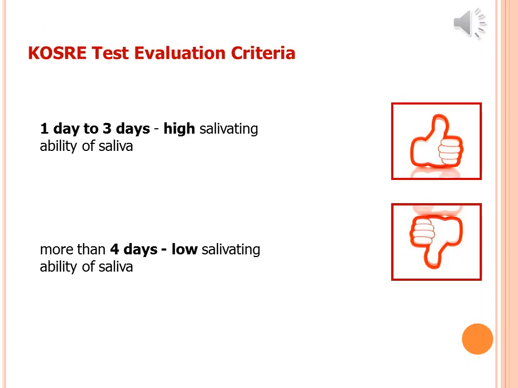If the painted area disappears within 1 to 3 days, this means a high remineralizing ability of saliva. If more than 4 days, it is a low remineralizing ability of saliva.